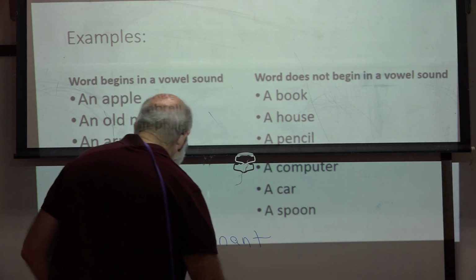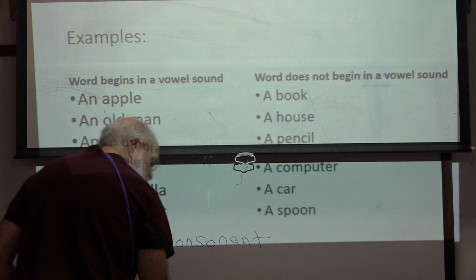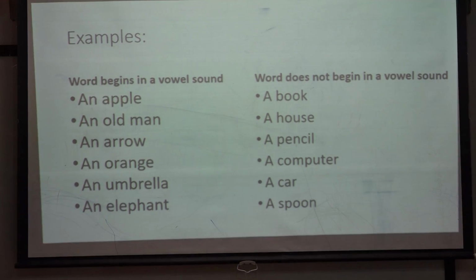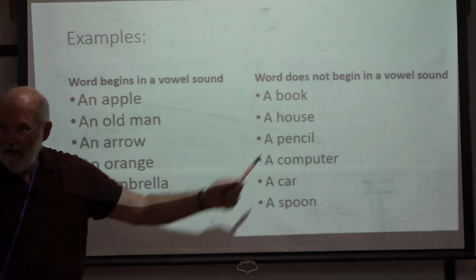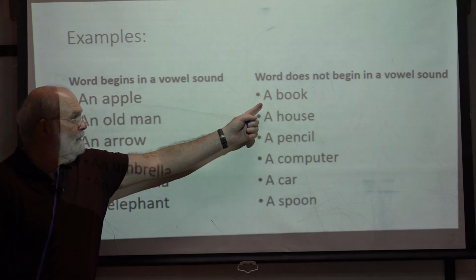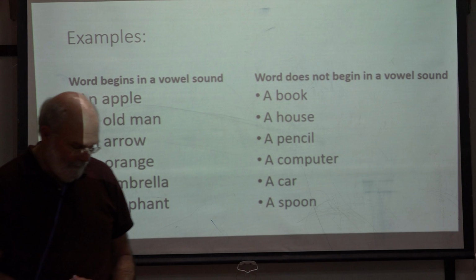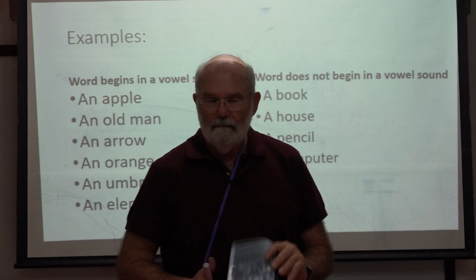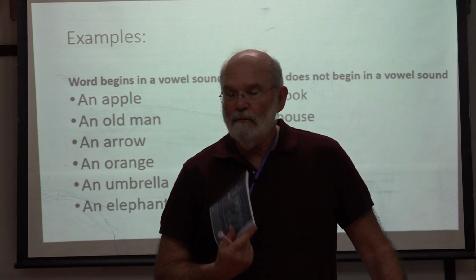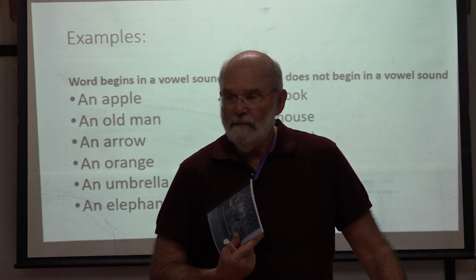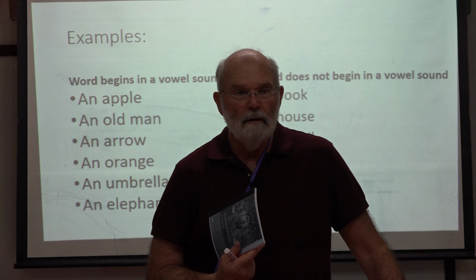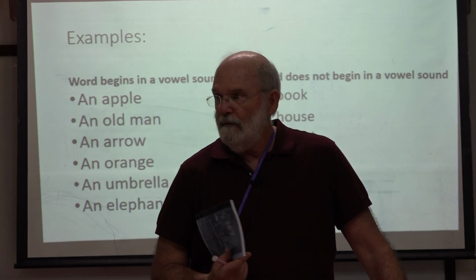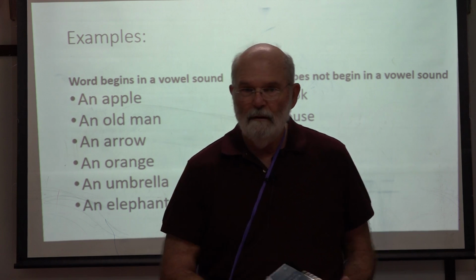So anytime we have a word that does not begin with a vowel sound, we would use a. So we refer to a book, because this word starts with the sound b, and that's not a vowel sound. So we refer to this a book.